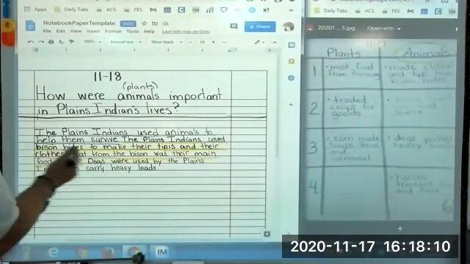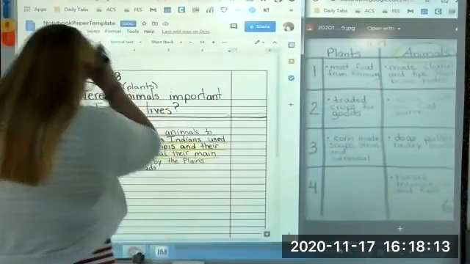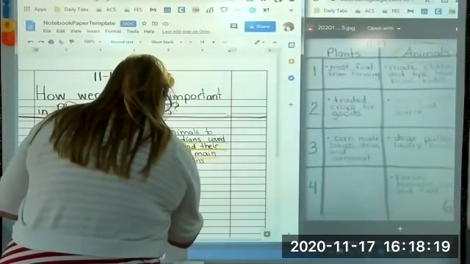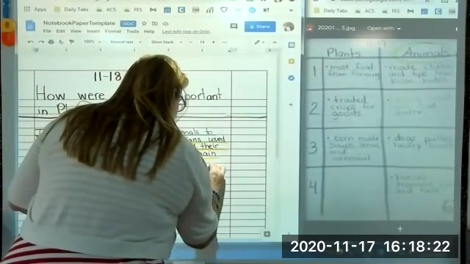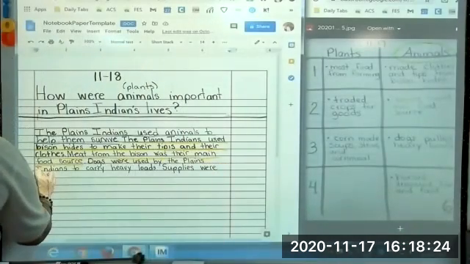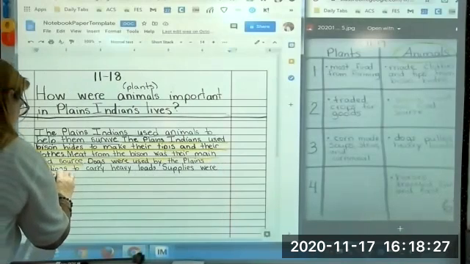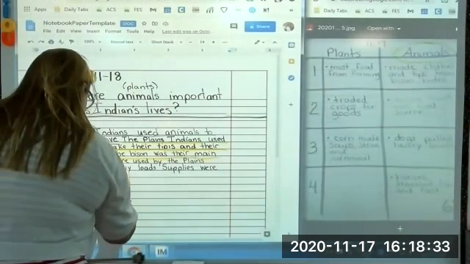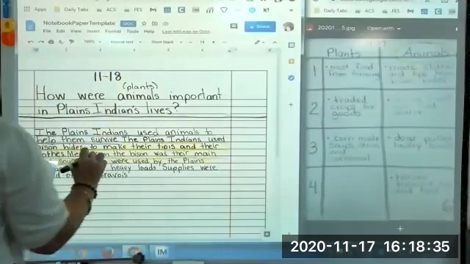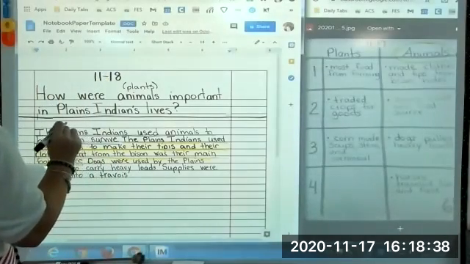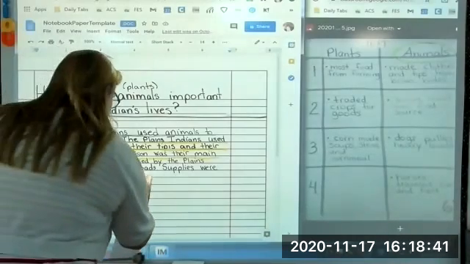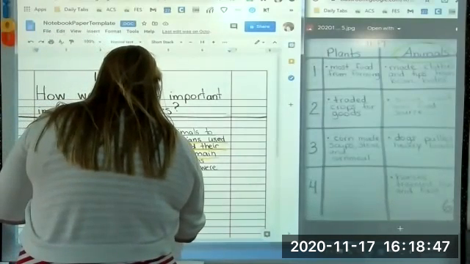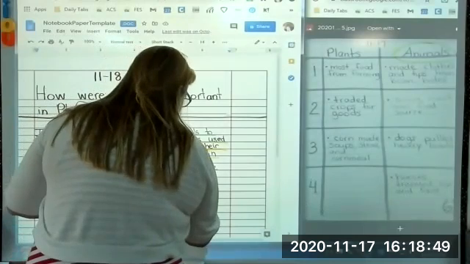So I need to say supplies were loaded onto a travois that dogs would pull.